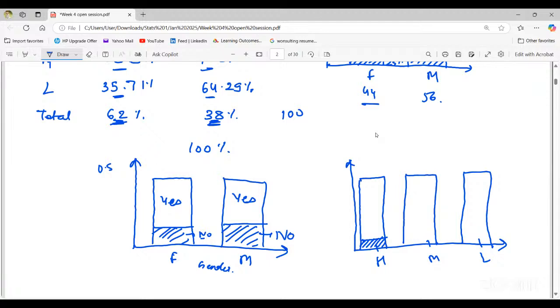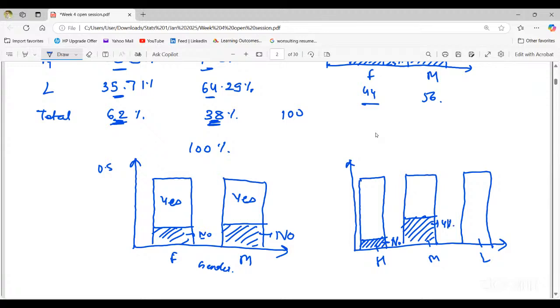It's fine. So in the next table, I'm making high, medium, and low income levels. Here 10% of the people are not owning a smartphone, and the rest of them are owning a smartphone. In the medium level, we have 40%, or you can say 41%, somewhere here.